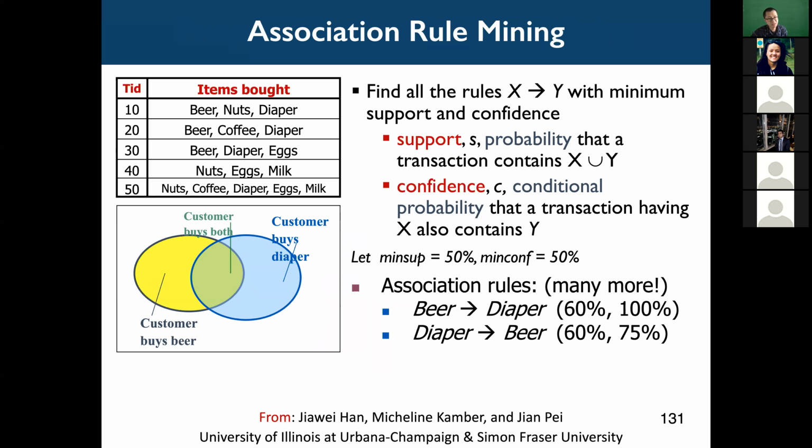For example, given beer, what is the possibility that a diaper is also purchased? This is association rule mining. First, we find candidate rules. For example, when people buy beer, they also buy diapers. When people buy diapers, they also buy beer. Then we calculate support.